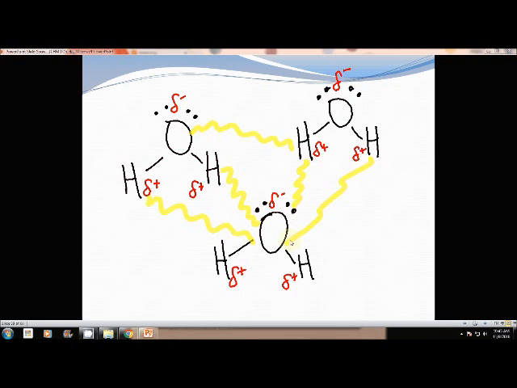Like go to its own oxygen? Oh yeah, it could. I just didn't draw that because I thought it was going to get confusing. But yeah, it could happen. And that's what the water picture I showed before has: all those connections happening, so yeah, that's possible.